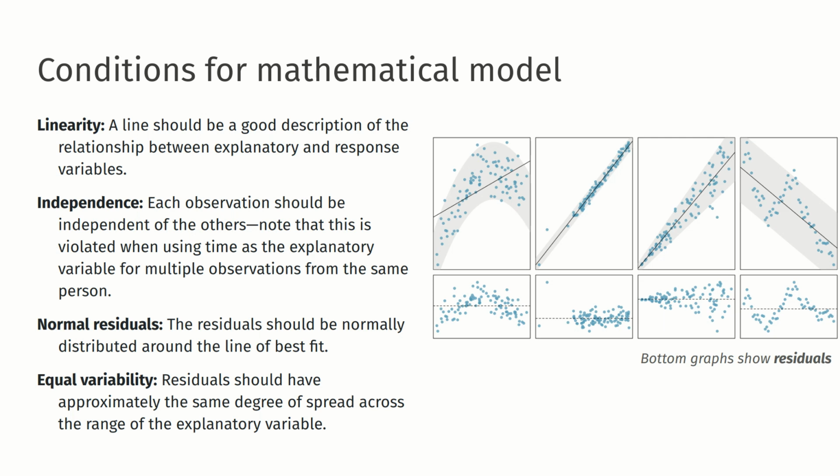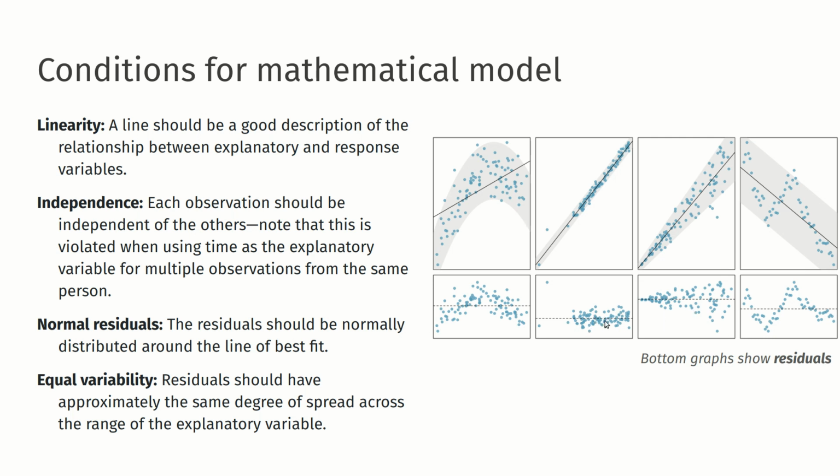And finally, this is related to this idea of normal residuals. We want to have equal variability, so residuals should have approximately the same degree of spread across the range of our explanatory variable. For example, this line here and this line here and this line here, they all violate these two conditions: normal residuals and equal variability.